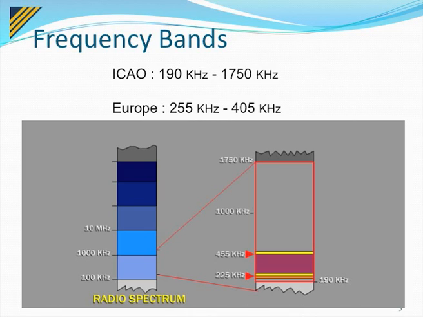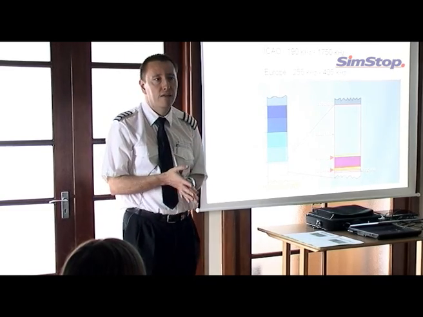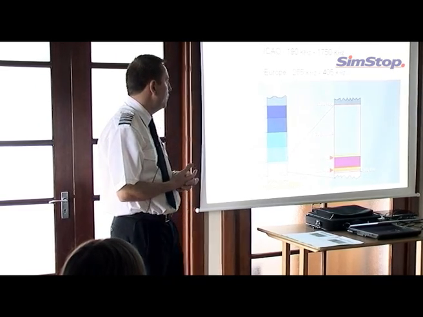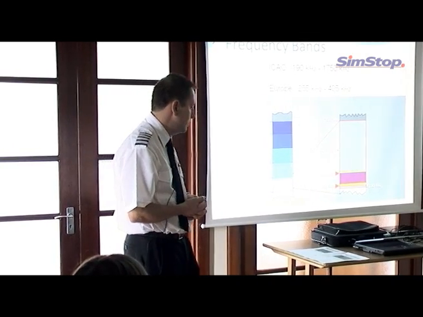And the International Civil Aviation Organization allows for these transmitters in the 190 to 1750 kilohertz band. In Europe, generally they transmit on the 255 kilohertz to 405 kilohertz band.